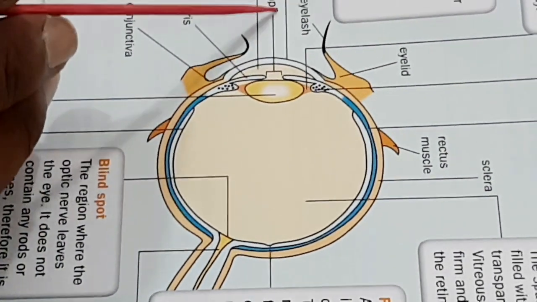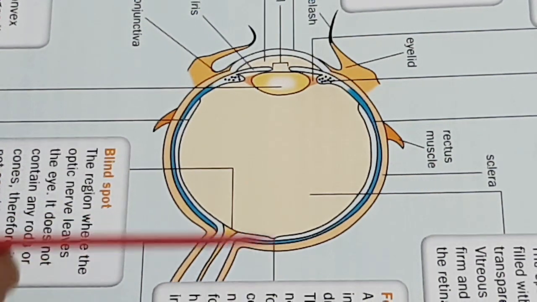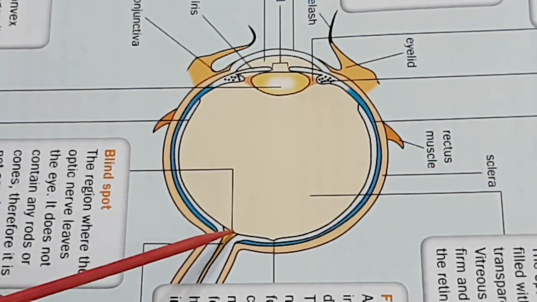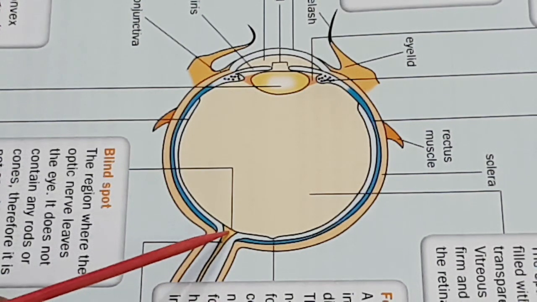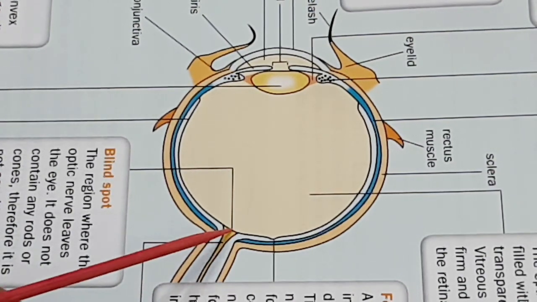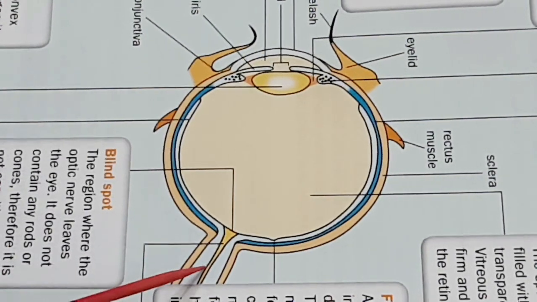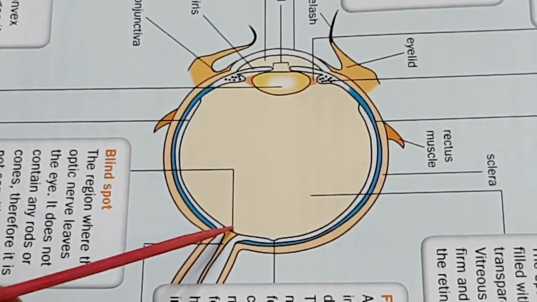Whatever rays of light enter from this side make the image over here. And this portion is known as the blind spot. The blind spot is the portion from where the optic nerve is going out of the eye. That is called the blind spot.